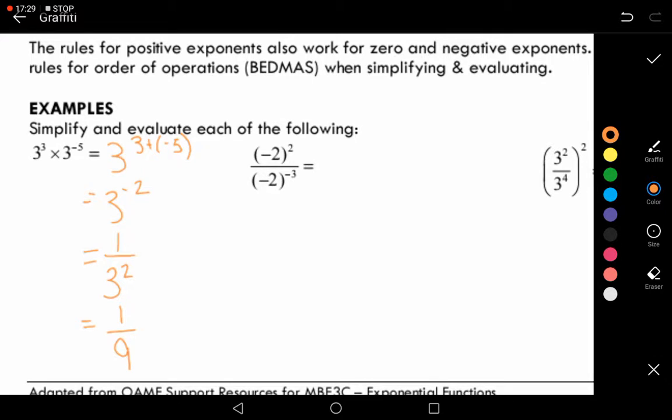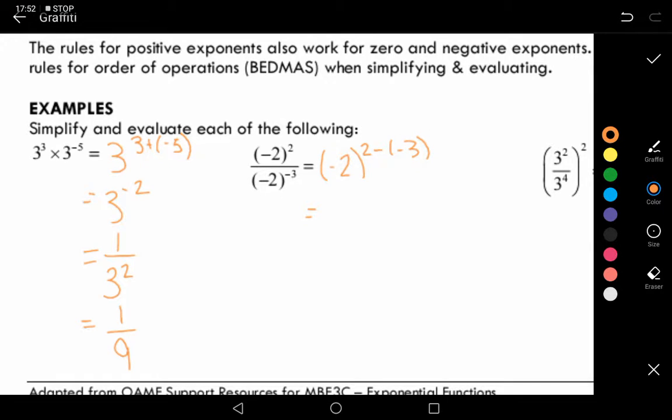Okay, so let's try this next one. So again, we don't have any brackets, right? Those brackets are just indicating that that negative sign is attached to the 2. So we are dividing here, which means we need to subtract our exponents. So we have -2 to the power of 2 minus -3.